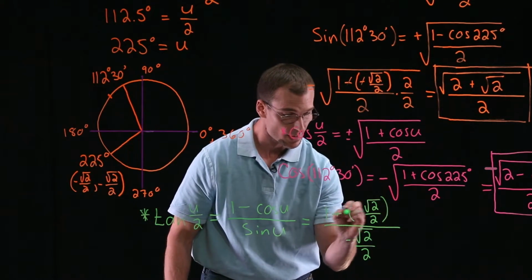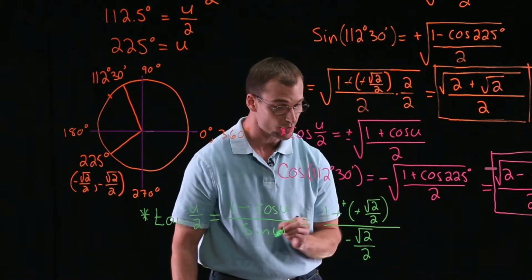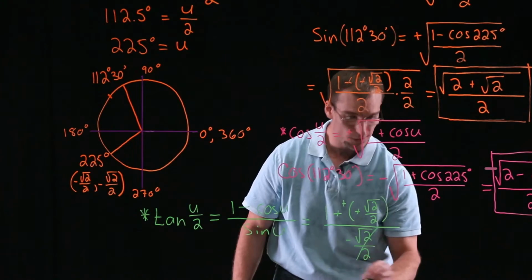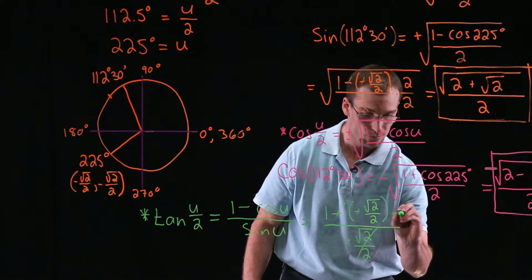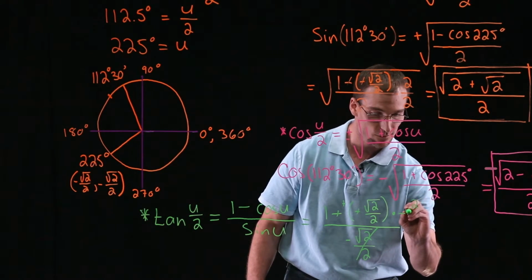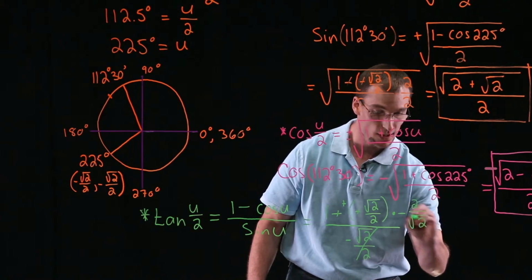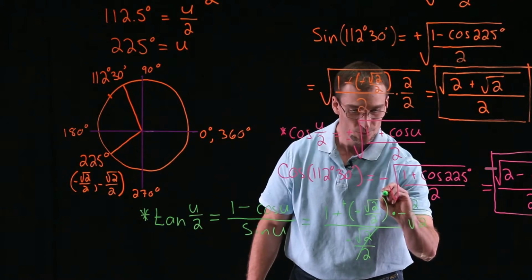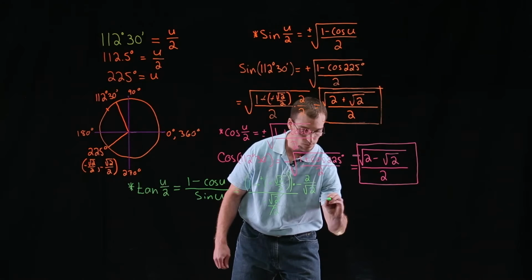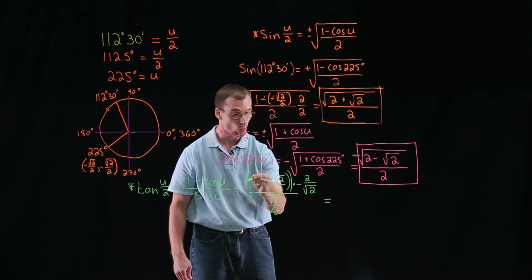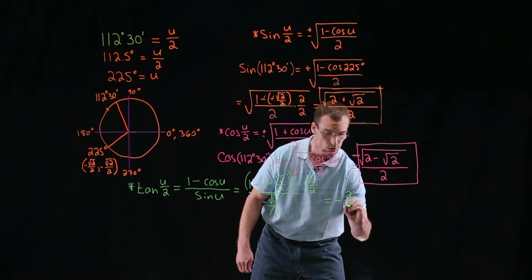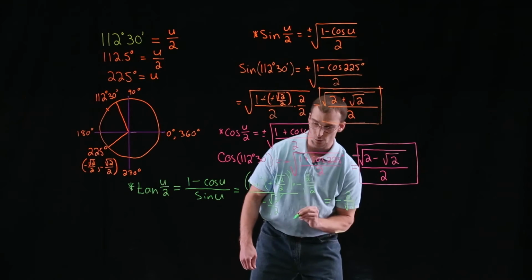So right away we see our negatives will cancel, giving us a plus. And to simplify this, well, we can invert and multiply. So multiplying the numerator through by negative 2 over root 2, so multiplying our entire numerator here, 1 times negative 2 over root 2 will just give us negative 2 over root 2.